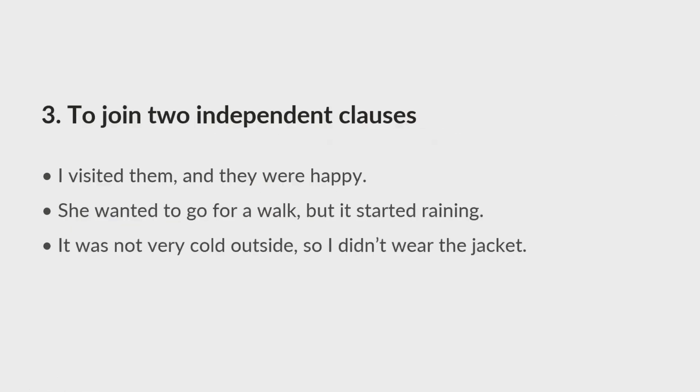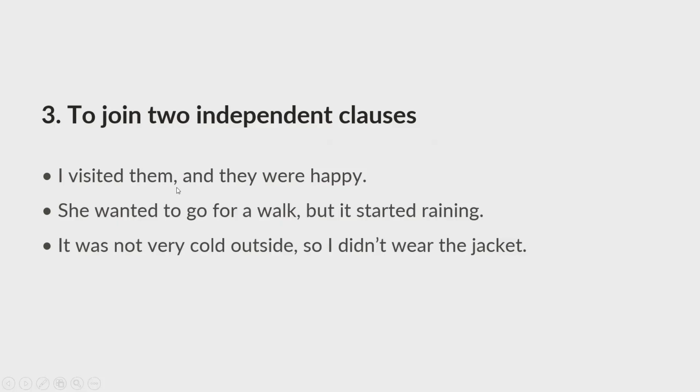That was number two. Number three, the use of this comma is to join two independent clauses in compound sentences, as we have FANBOYS. When we have FANBOYS, before the fanboy, a comma is used to join two sentences, two independent clauses. Okay? I visited them, and they were happy. So what is the use of this comma?